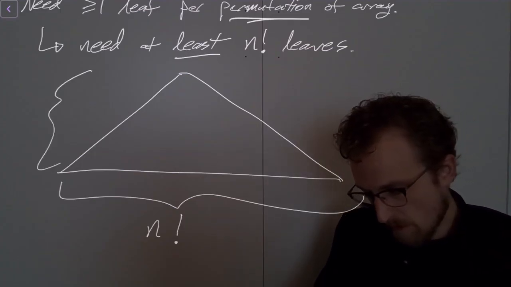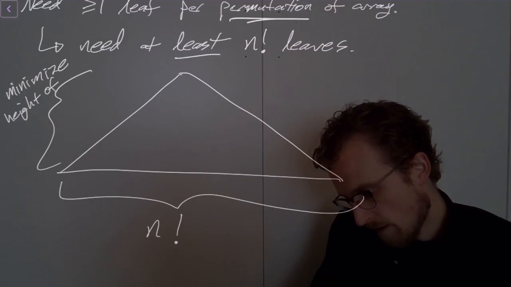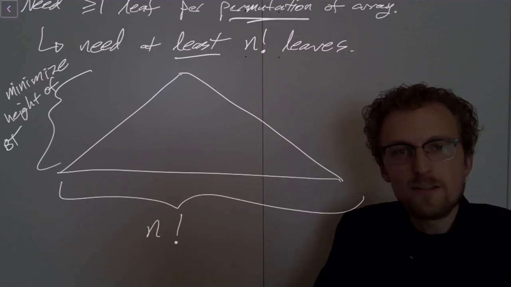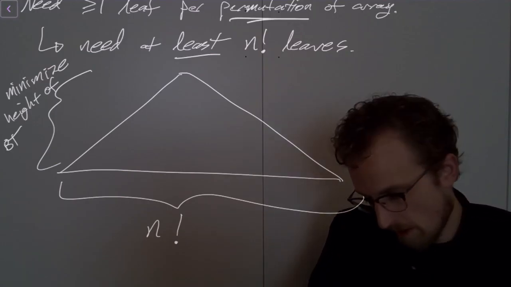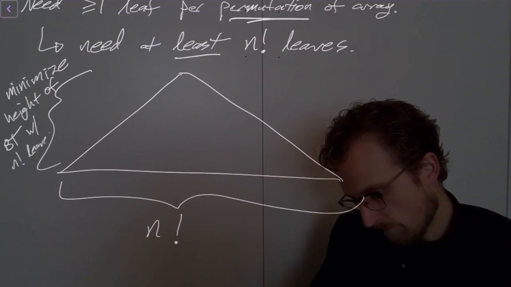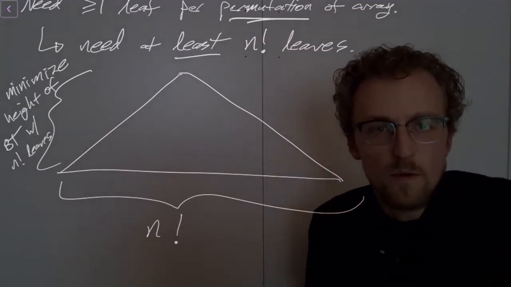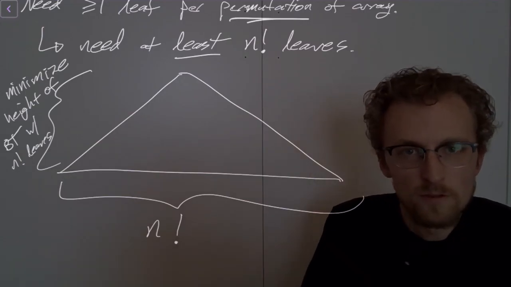So we want to minimize the height of a binary tree. Now I'm not even writing decision tree anymore. This is just a binary tree. It's a pure graph theoretic question now: minimize the height of a binary tree with n factorial leaves. And this is now a question that we can apply some basic discrete math tools to answer.